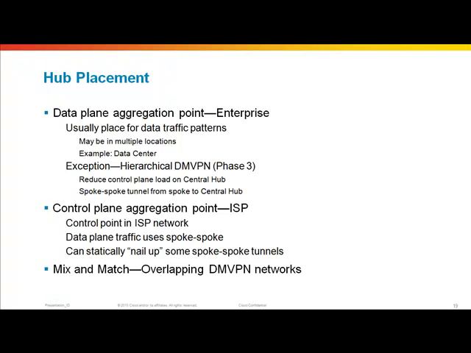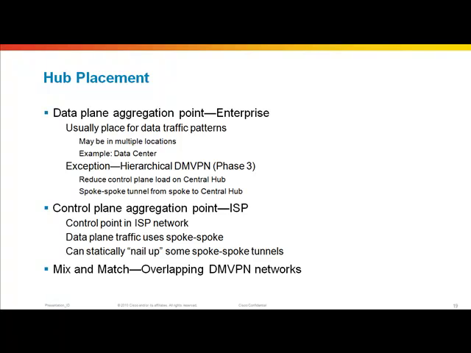A different thing comes out when I look at an ISP. We have a number of ISPs, AT&T, Verizon, et cetera, that have offerings for DMVPN. They offer to support DMVPN or create a DMVPN on behalf of their customer. Now in their case, they want to keep the hub in their network, because that's the control point for the DMVPN network.